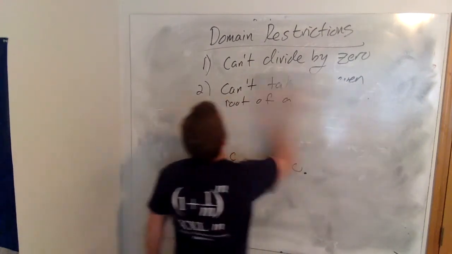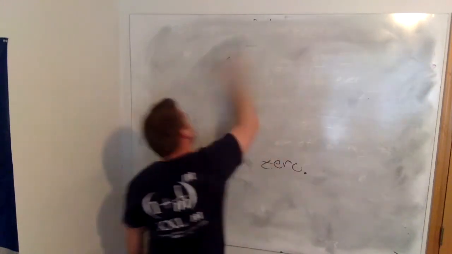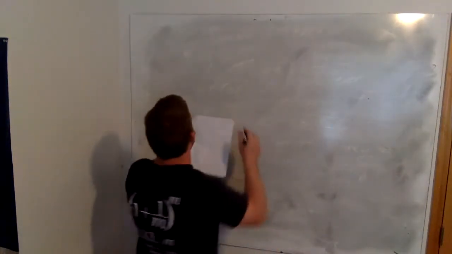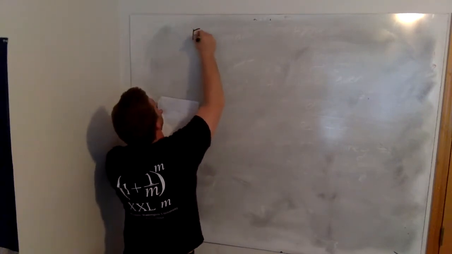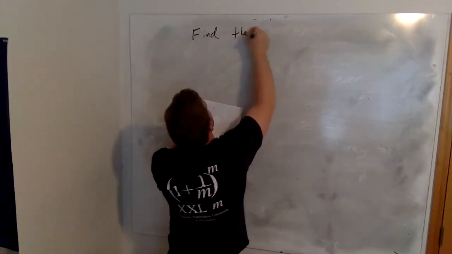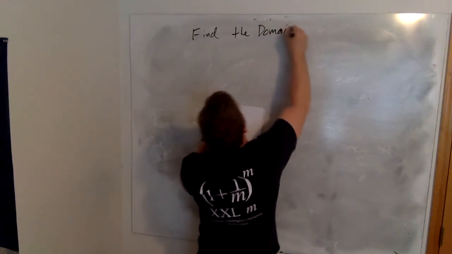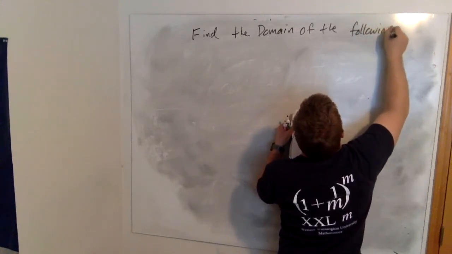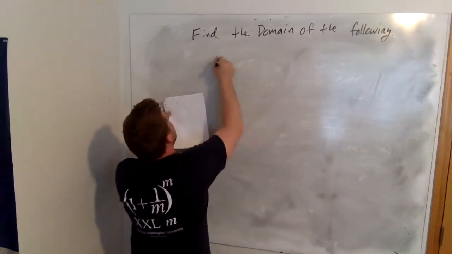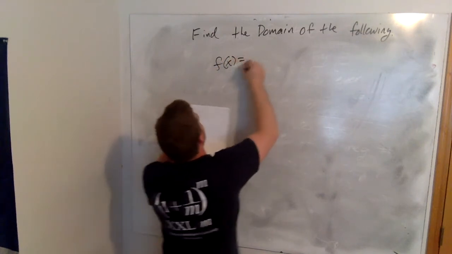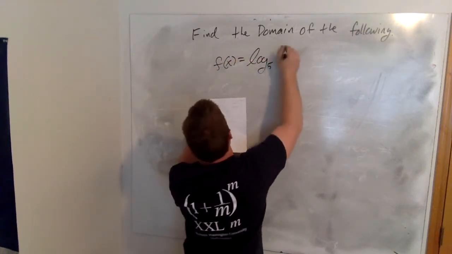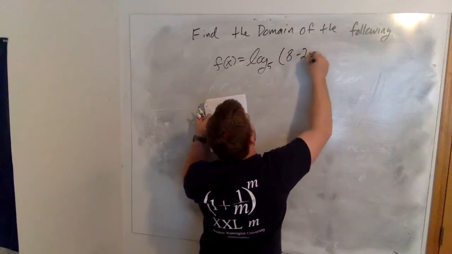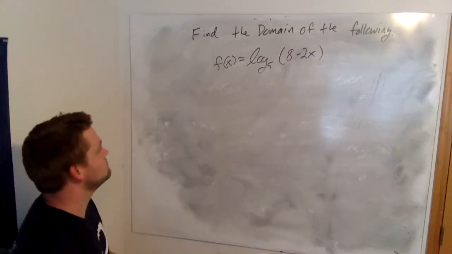Okay, let's do a quick example of finding the domain of a function, but now we'll introduce logarithms. So we're going to find the domain of the following. Let's say we have f of x equals log base 5 of 8 minus 2x.